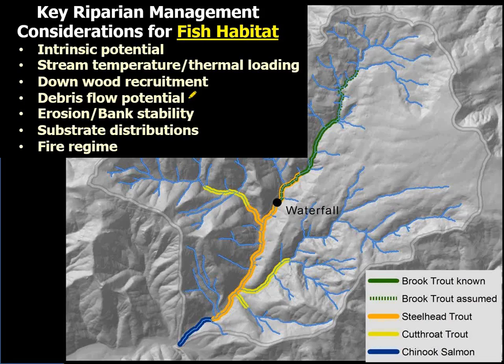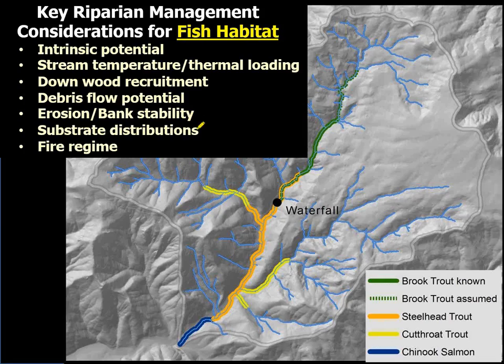Debris flow potential, this is the landslides. We can buffer streams and retain rooting strength of trees and affect their potential for debris flow or for landslides. Similarly, providing trees along streams provides bank stability through their rooting strength and can be a way to control erosion.